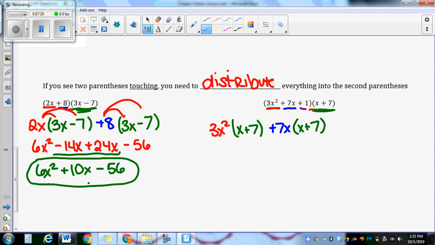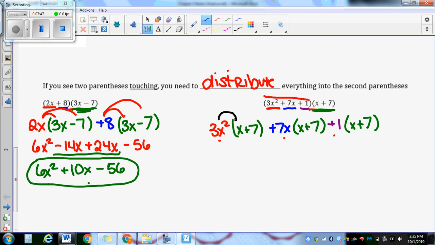And then I'm going to take this plus 1, and I'm going to distribute it into this x plus 7. So here, this multicolored bit right here makes up this first parenthesis. And then the second parenthesis just keeps getting repeated. Everything gets distributed into there.